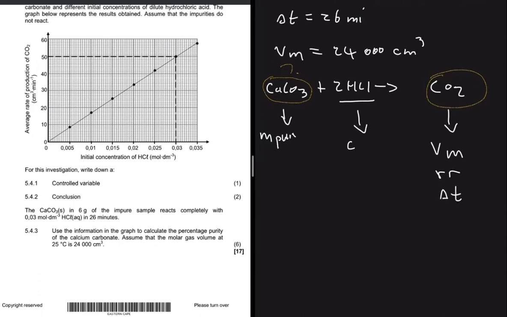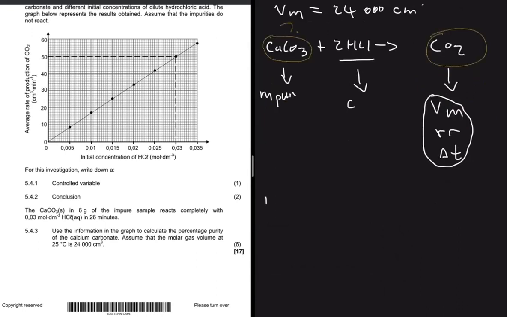So it seems like CO2 is what we can use to calculate everything else, because this is where we have the most information. So we can use the reaction rate to calculate the volume of CO2, right?